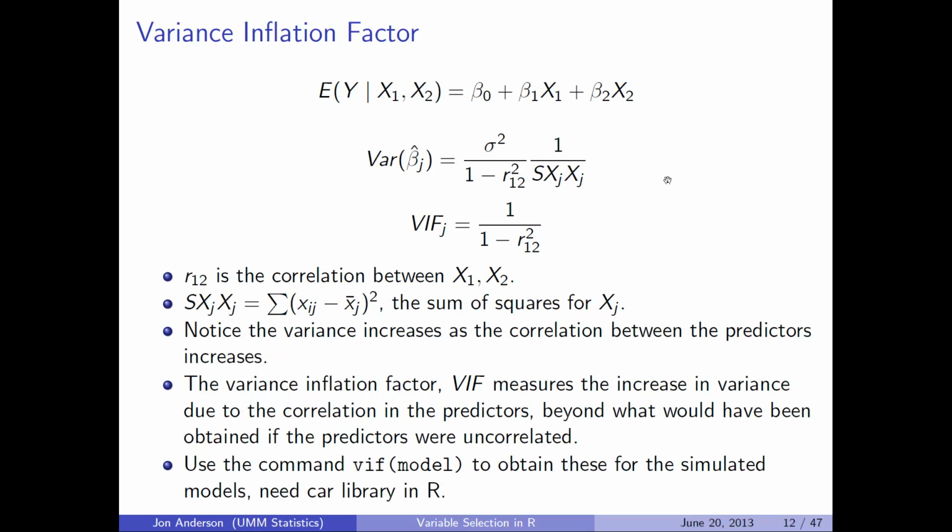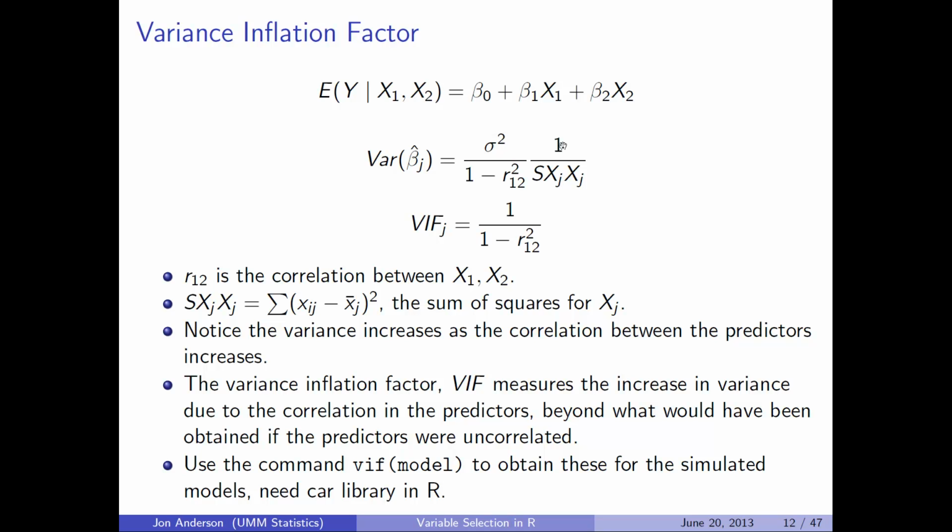One of the impacts of correlation and intercorrelation, collinearity between variables, is that the standard error increases. And we saw that earlier in the simulation. The amount it increases can be quantified by a quantity called the variance inflation factor. If we have a simple multiple regression model where the mean function is beta naught plus beta 1 x1 plus beta 2 x2, the variance of one of the parameter estimates from our output is the sigma squared from the multiple regression model, the error variance parameter.